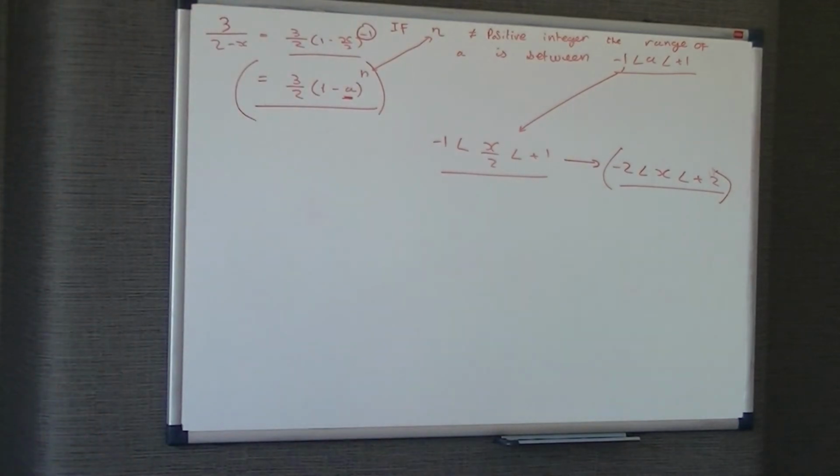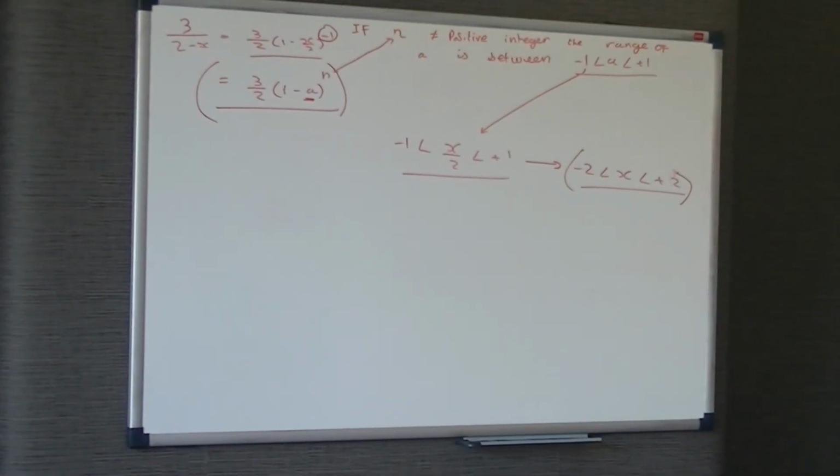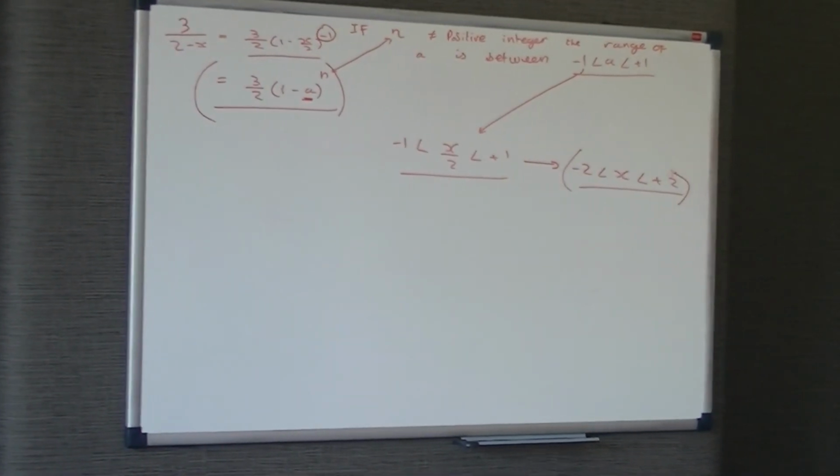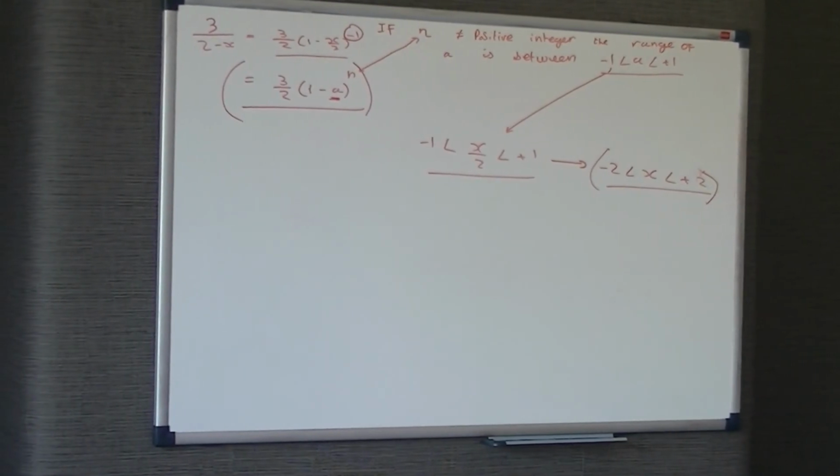So just to recap what we've done today, basically we discussed the two types of binomial expansion, and I only concentrated on the one that you most likely get asked about in C4, and how to put it into that form when you're not given it in that form.